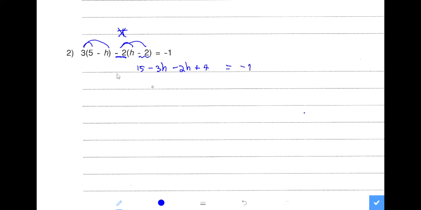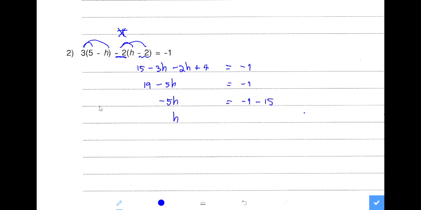So what do you have now? 15 plus 4 is 19. Negative 2h minus 3h is negative 5h. And this is negative 1. So negative 5h is equal to negative 1 plus... the 19, I move it there, and it becomes negative 5h equals negative 16.